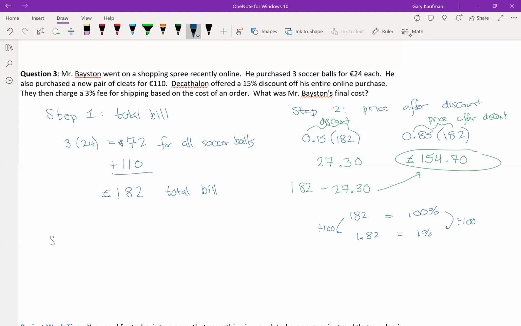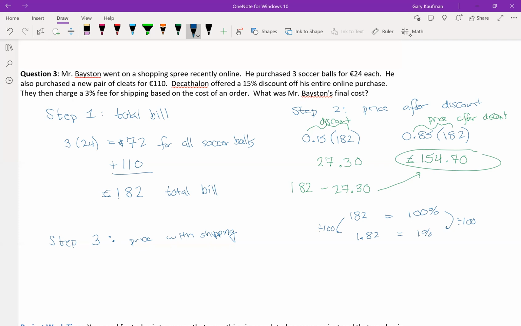We're then told that there's actually a 3% fee for shipping because he's having it ordered online. So price with shipping. Again, we can find what 3% is and then add it to our bill. Or we can know that this 3% is a percent increase. So we have 103%.